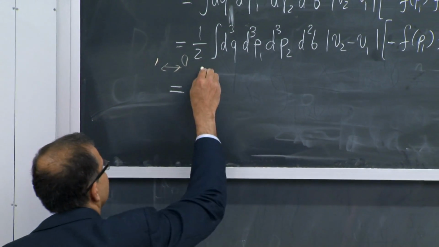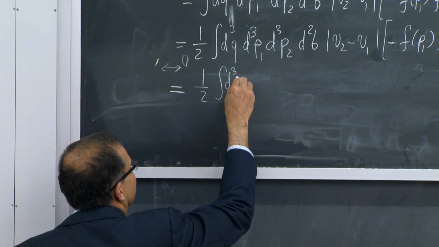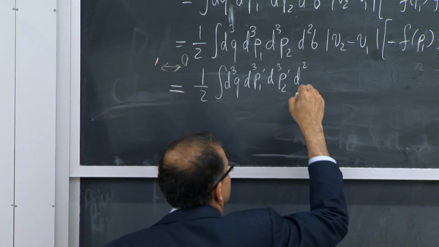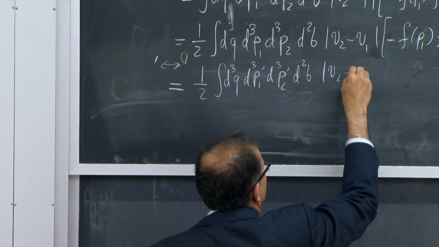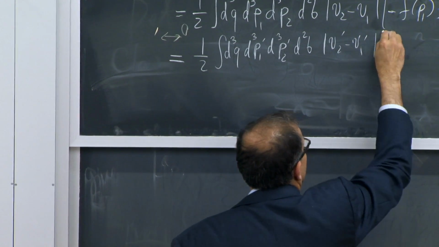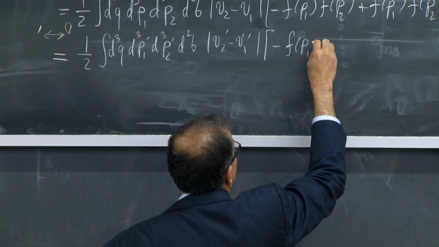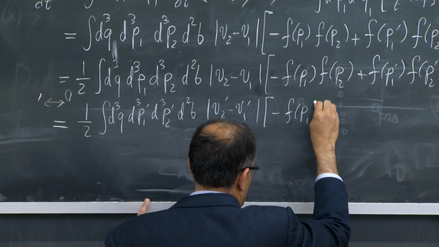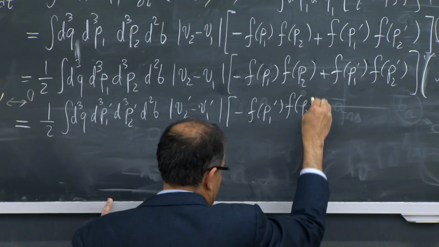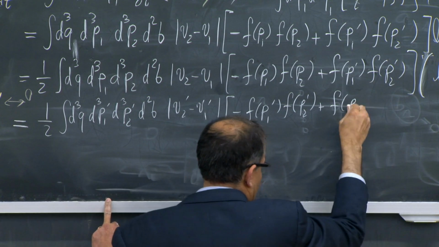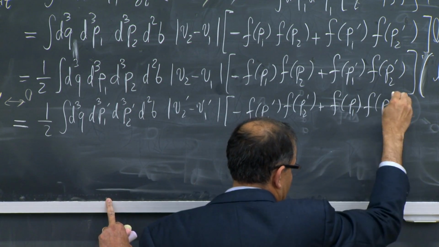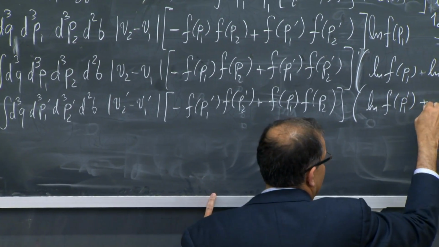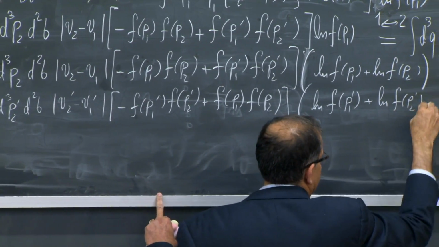And if I were to do that, I will get an integral d³q, d³p1 prime, d³p2 prime, d²b, v2 prime minus v1 prime, minus f of p1 prime f of p2 prime plus f of p1 f of p2, and then here we would have log of f of p1 prime plus log of f of p2 prime. Okay?